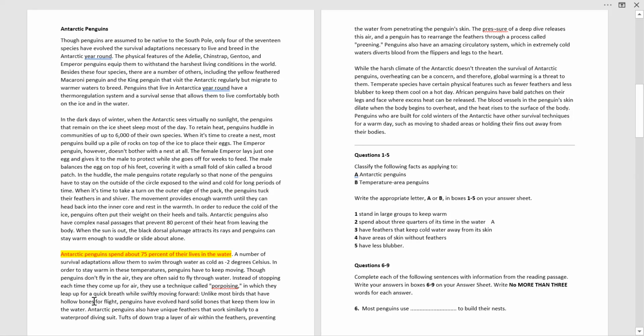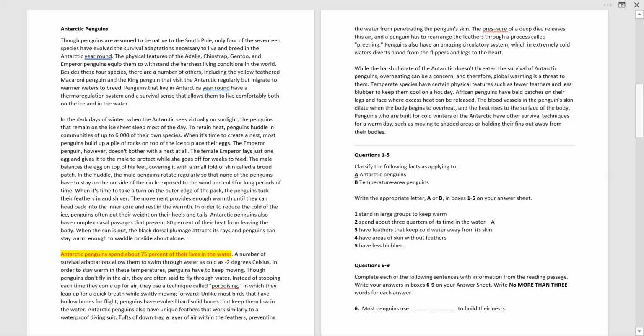Unlike most birds that have hollow bones for flight, penguins have evolved hard solid bones to keep them low in the water. Antarctic penguins have unique feathers that work similarly to a waterproof diving suit. Tufts of down trap a layer within the feather, preventing the water from penetrating the penguin's skin.